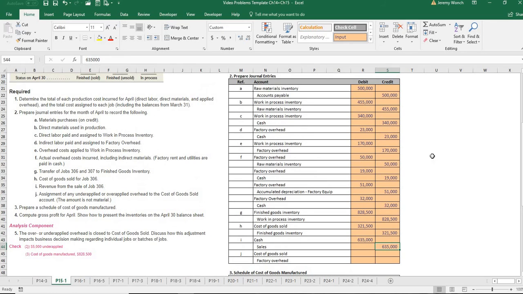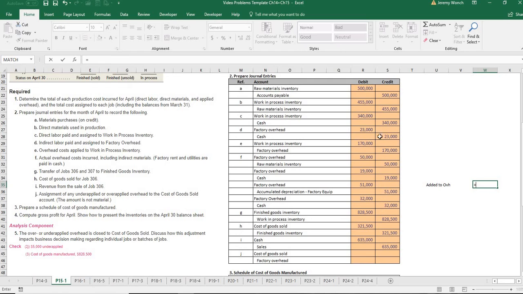So to do that, let's just go over here off to the side. I'll just do added to overhead. So these are things where we actually increased our overhead, so we filled up our bucket.